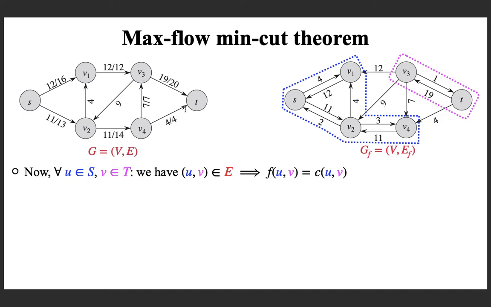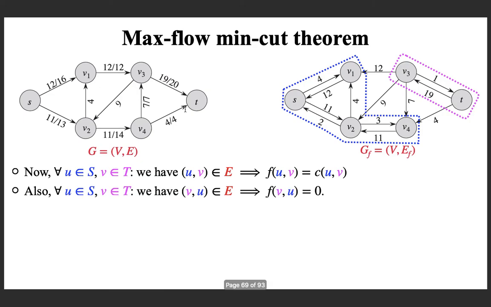For example, these 3. Now, the second property: if you take any edge crossing the cut in the reverse direction, that is from this direction, then the flow must be 0. Why is it 0? Because if it is non-zero, that means there is a flow from this set to this set.